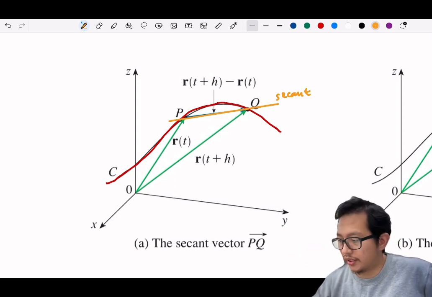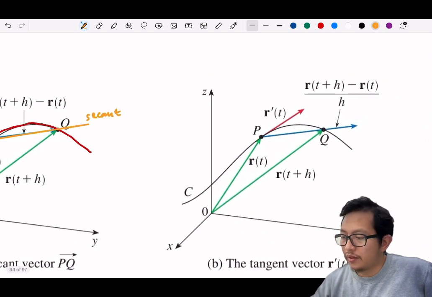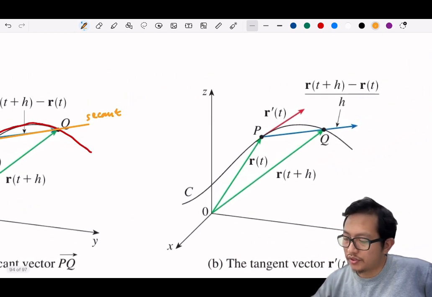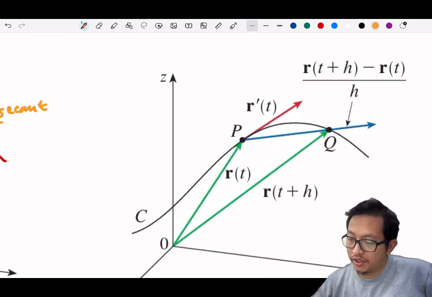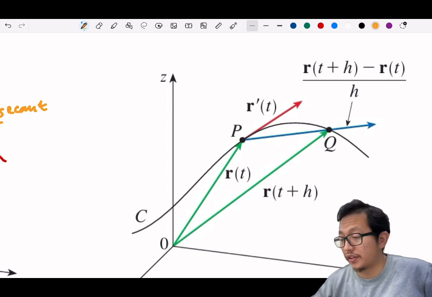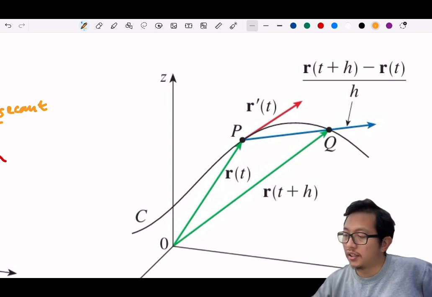The second thing is, if we want to know what the tangent at P will be, as you know in calculus 1, this is actually similar.